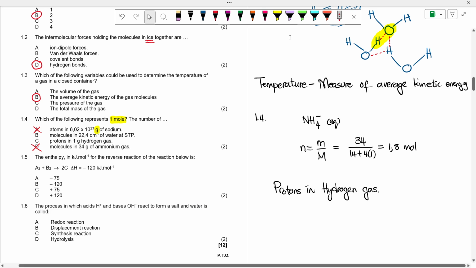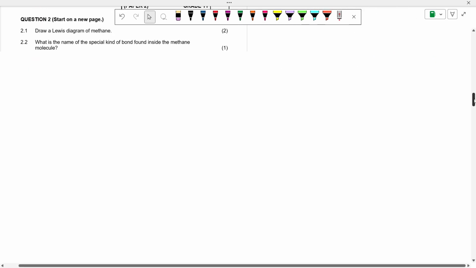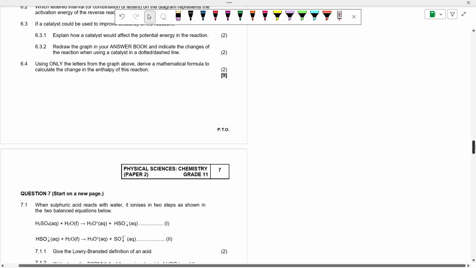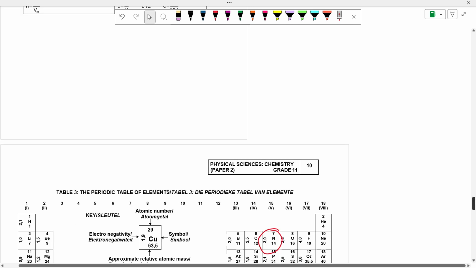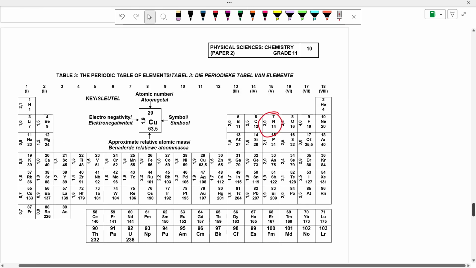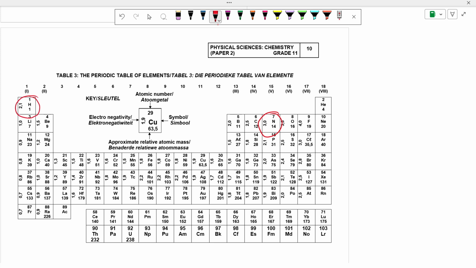Okay, let me go to hydrogen. Let's see what we have on the periodic table. So what does 1 and 1 represent? The 1 is the atomic number, that is the number of protons.